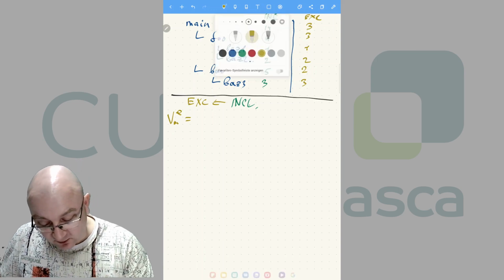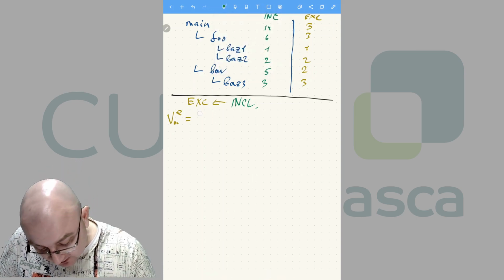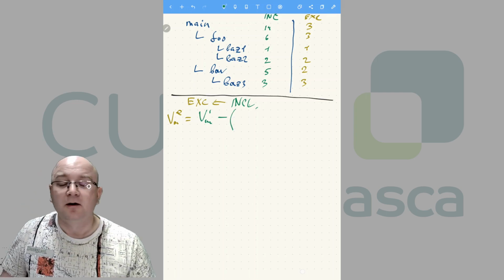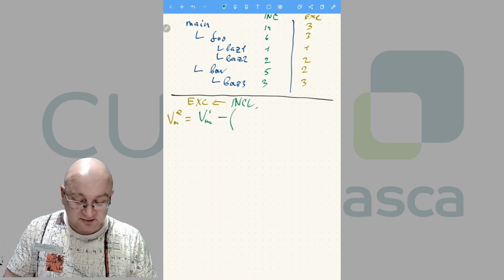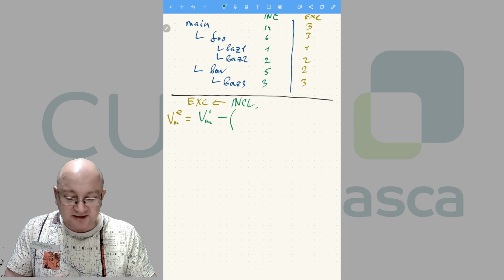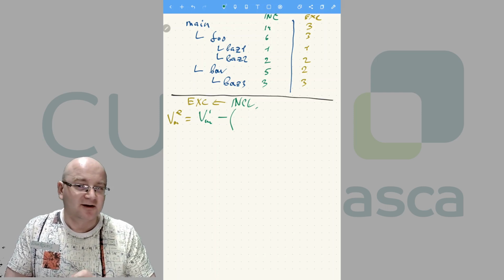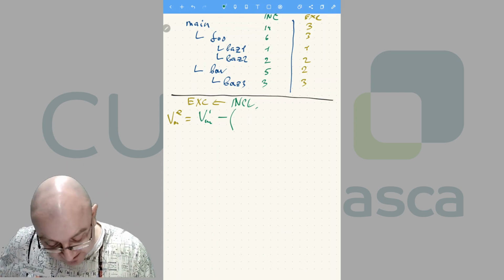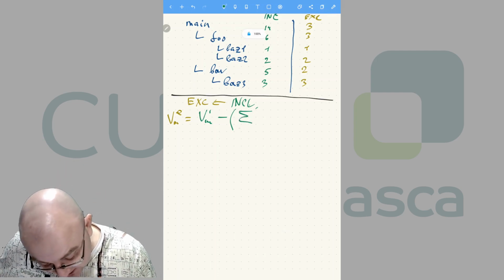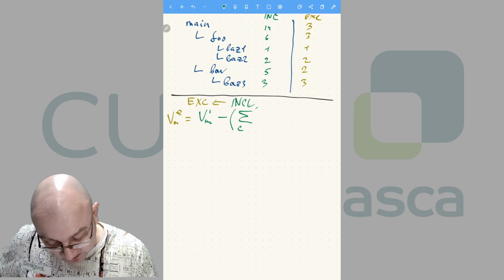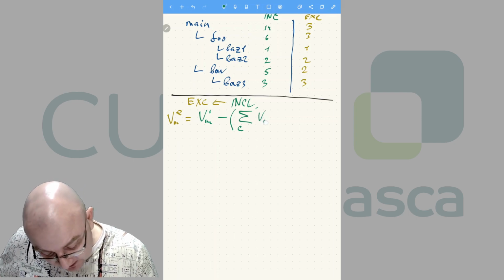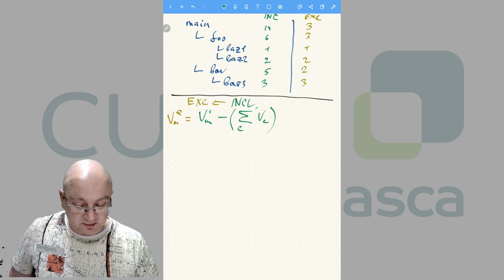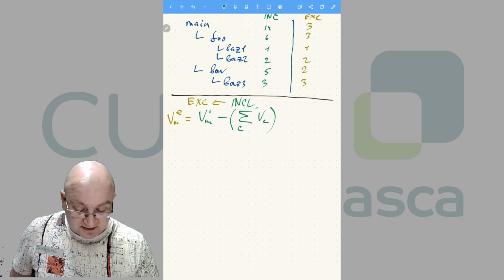The value of the whole is the inclusive value of main, minus the whole children. We have two children, foo and bar. So we put the children together and subtract. That's the formula. Nothing else.